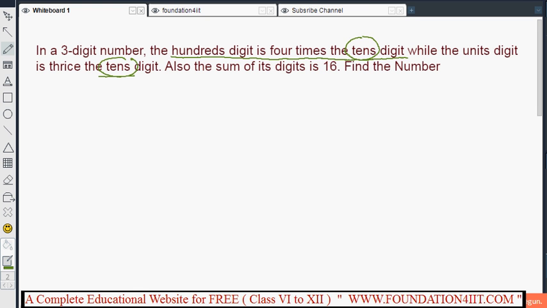So let us take the tens digit to be x. According to the given conditions, we can write the hundreds digit as well as the units digit.